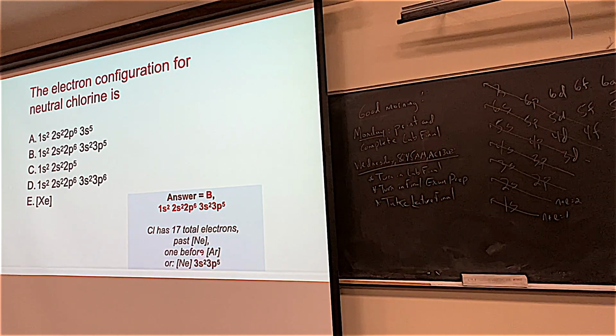You could write this in noble gas notation: neon in square brackets, not parentheses, but square brackets, 3s2, 3p5, because 1s2, 2s2, 2p6 is the neon configuration. And as things get longer, noble gas notation can be pretty cool.